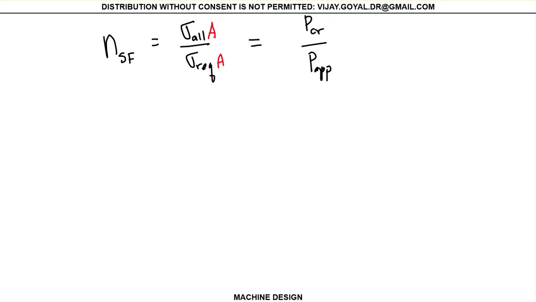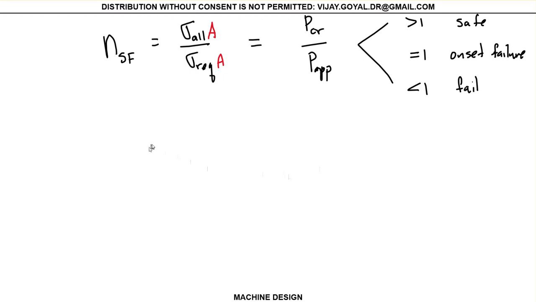It's the same cross section, so that's why you end up with this. And we also know from our discussion that you've got three cases. When this is bigger than 1, it is safe. When this is equal to 1, it is the onset of failure. It hasn't failed yet, it's just an onset. When it is less than 1, your structure has definitely failed. So let's see what happens in your particular problem.